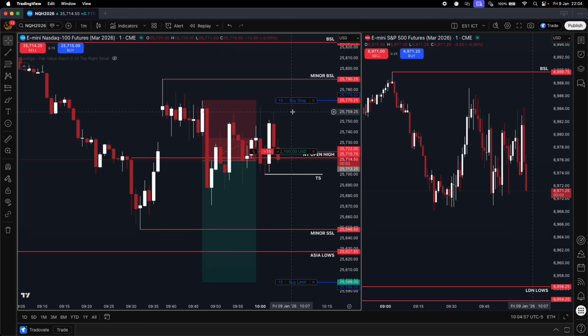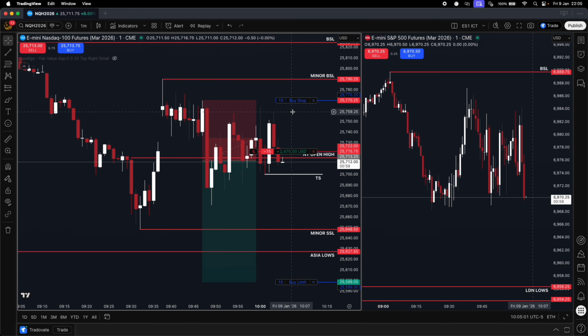So if price does take that short-term low, we would be trailing towards 75925. So as of now, we're not trailing at all. If ES takes the relative equal lows, which it does not just yet. So if ES takes this low here, then we trail on NQ. There you go.